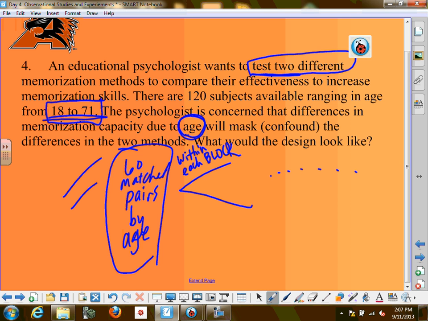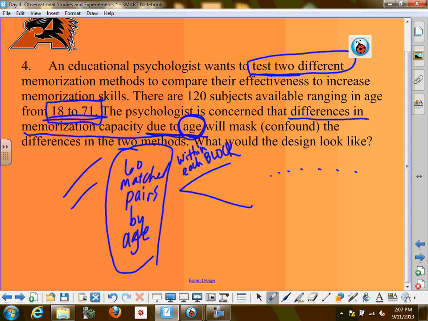And you have to tell the grader, I will pair and match them up by age. And why are you doing that? Because you think that there's a difference in memory capacity due to age. You have to explain why you are blocking or why you are pairing.